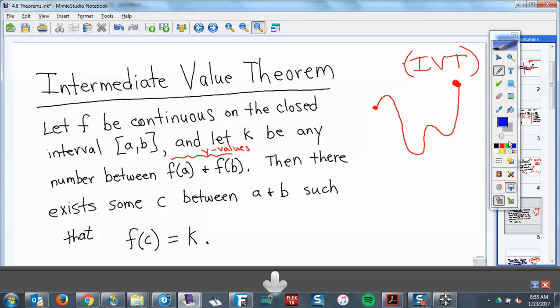Here's what the intermediate value theorem says. So if this started at, say, 2, and it ended up here at, say, 5, the intermediate value theorem says it had to have hit all of the values between 2 and 5.